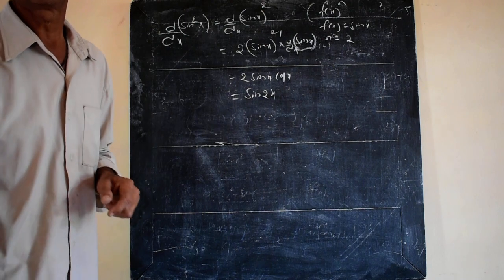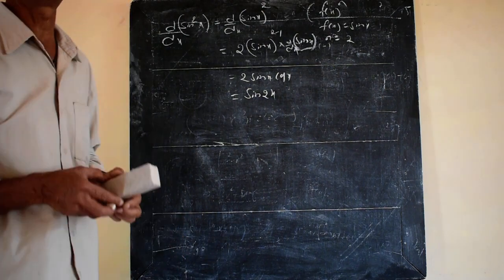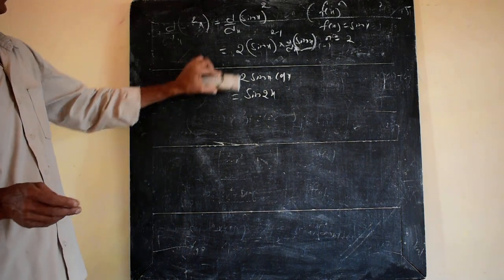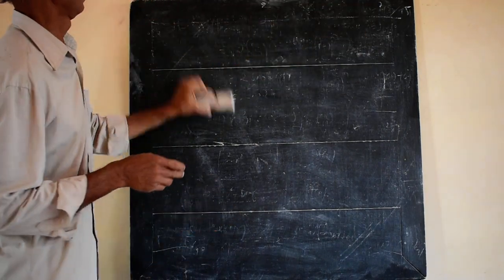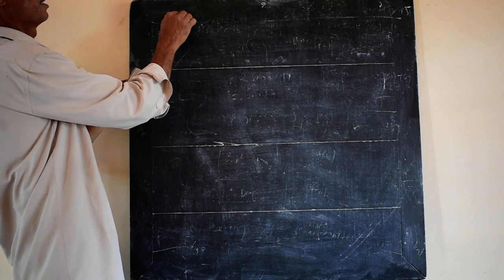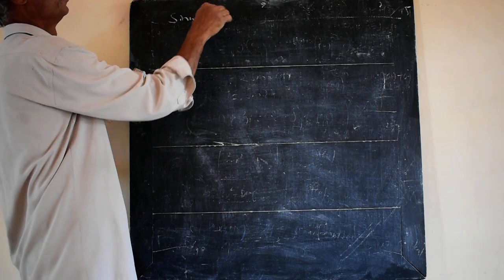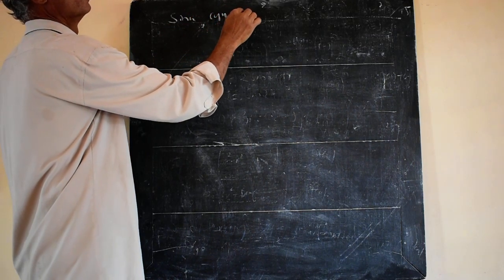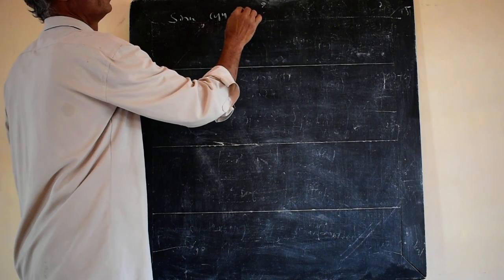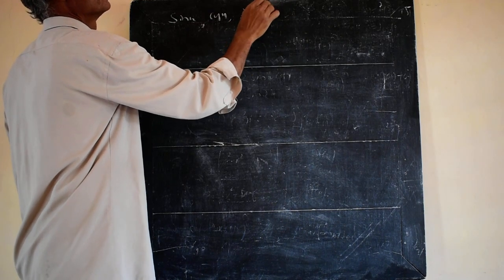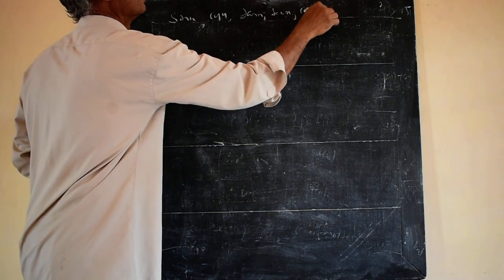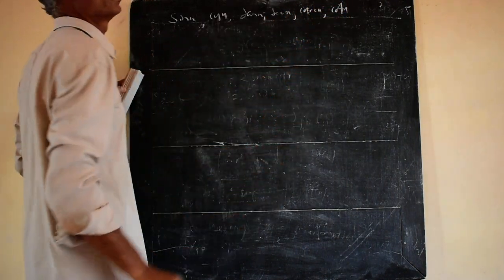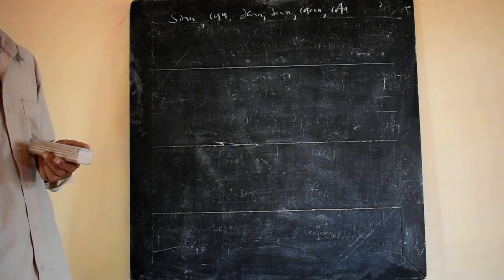Okay. Now let us take some more composite functions differentiation. Sin x, cos x, tan x, sec x, cosec x, cot x are simple functions, or you can call them single functions.